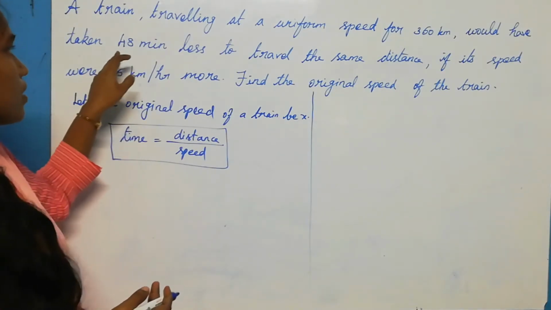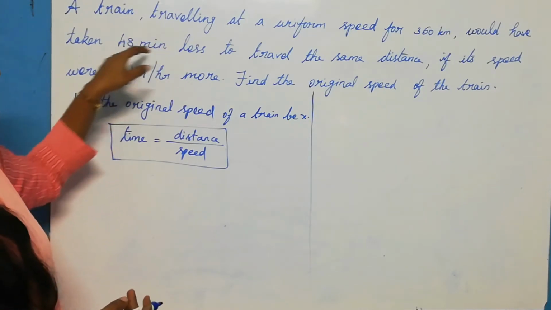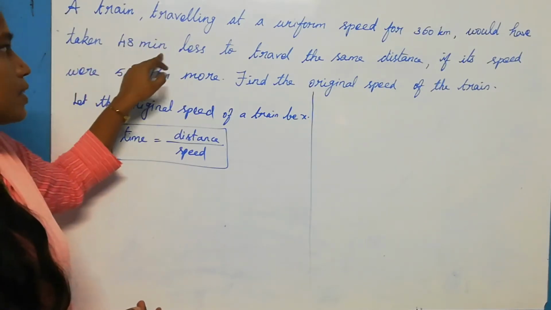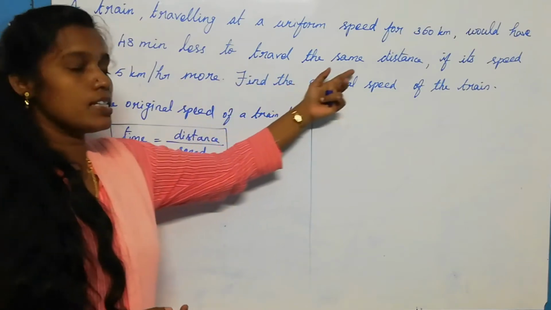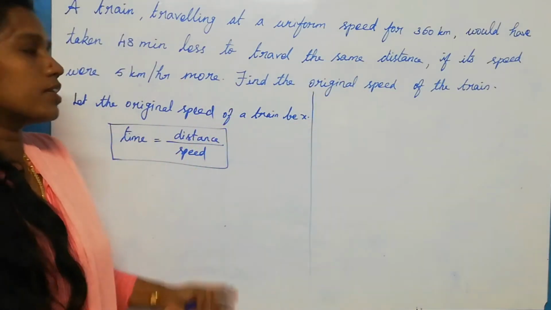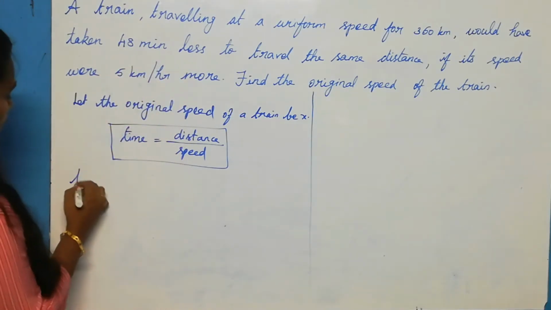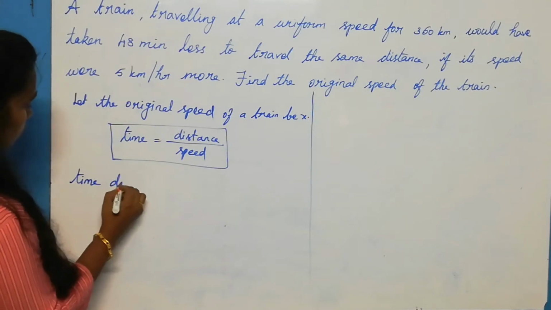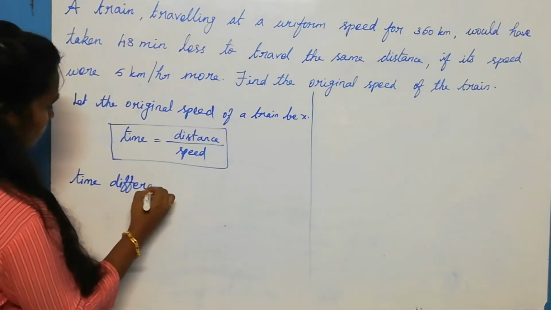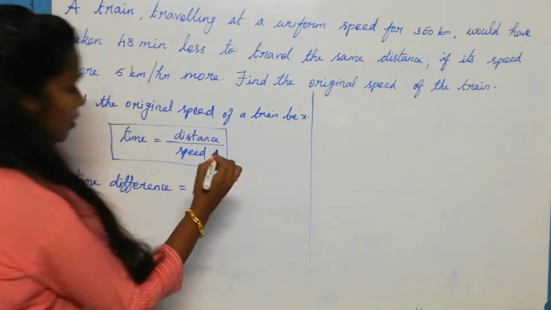Time difference is 48 minutes because this train takes 48 minutes less to travel the same distance, isn't it? Therefore time difference is equal to 48 minutes.